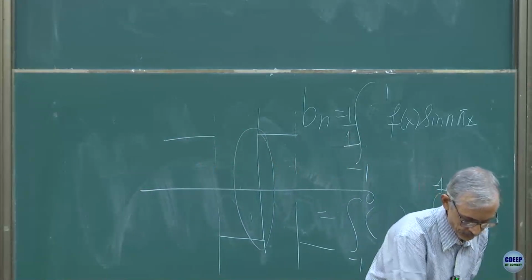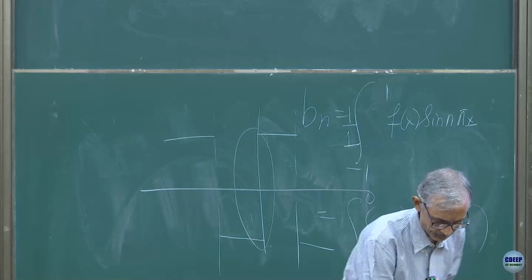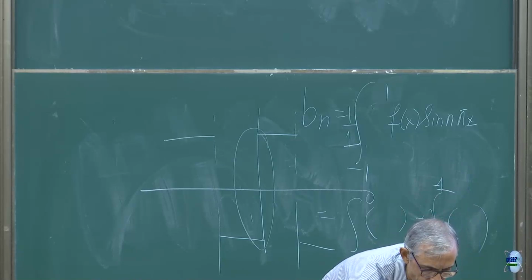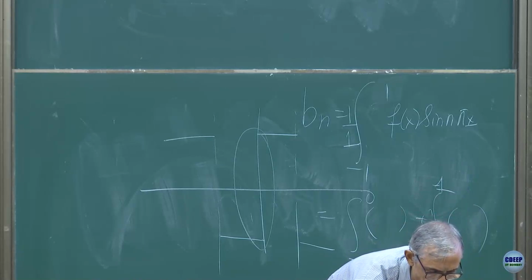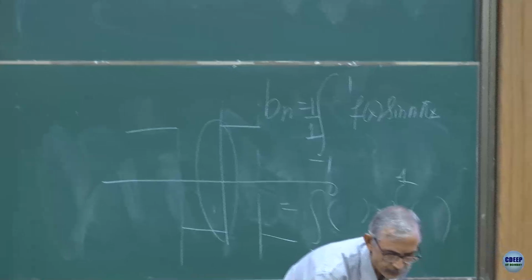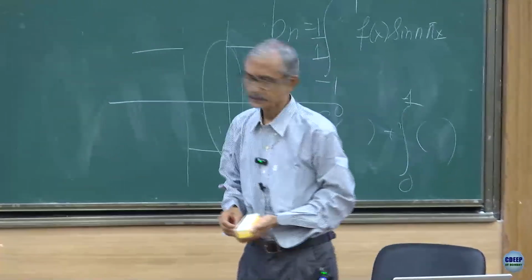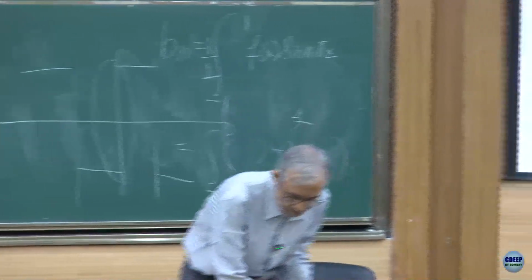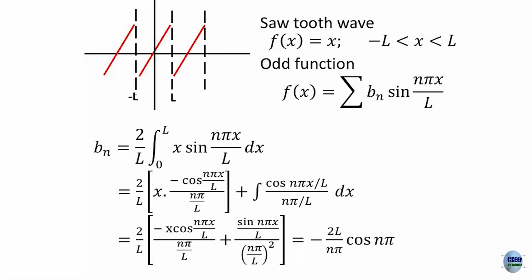And now we'll take a couple of more examples before we go ahead and say that we understand this business of the computation of the Fourier series. This is a slightly more involved example. This is a sawtooth wave, whatever that may mean.